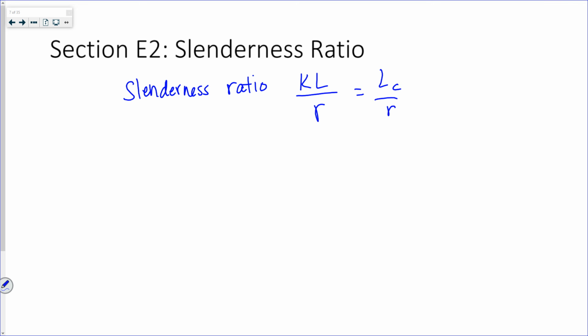Whenever you see LC, it's K times L. Similar to tension, this is actually not a requirement, this is a recommendation for serviceability. It's not a requirement. Obviously, the slenderness ratio has to deal with a member's design strength, so it's going to have more of an effect than it ever did on tension, but there is a recommendation for serviceability.